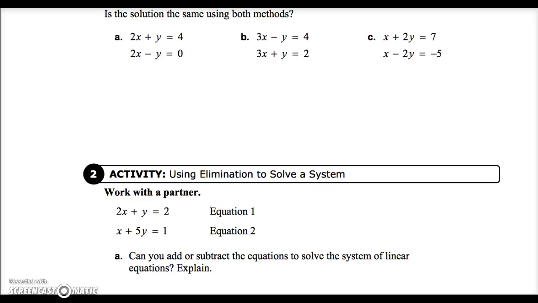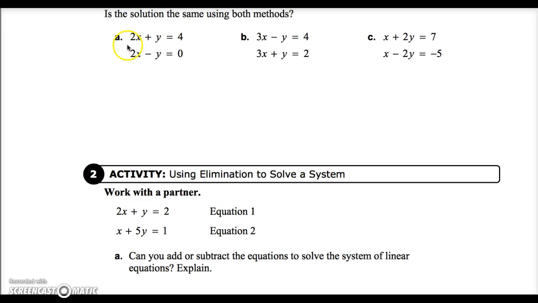So, for instance, if you look at A right here, we first want to see if anything with the x or the y are opposites. I have a positive 2x in the first one and a positive 2x in the second one. They are not opposites. Even though they have the same number, they're both positive.